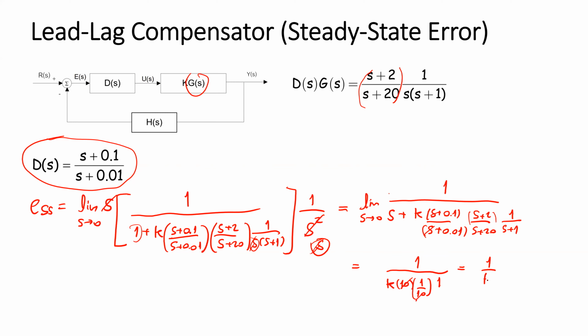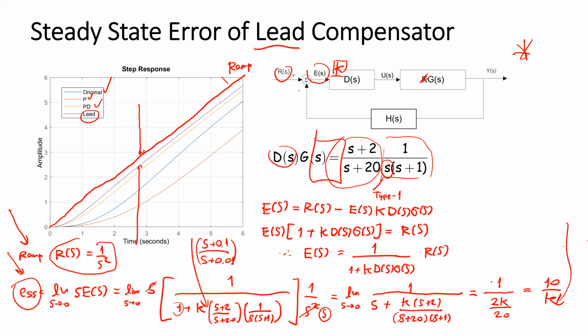One per K. With only the lead system, the steady state error is going to be 10 per K, 10 per K.